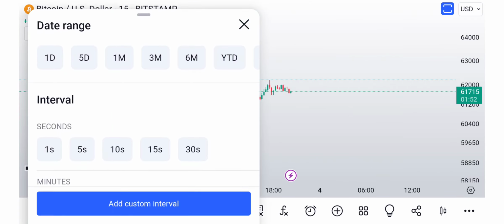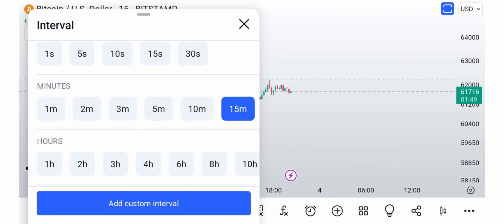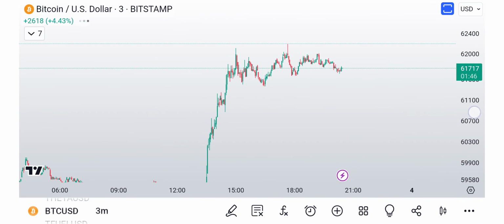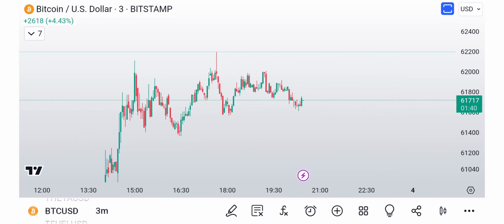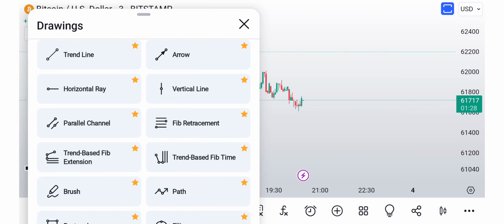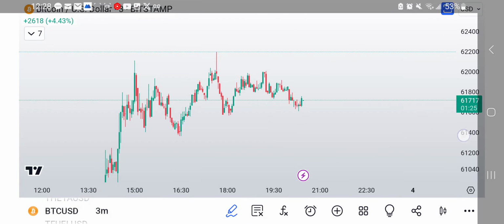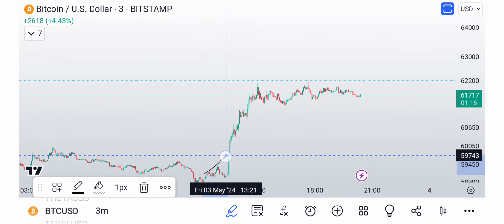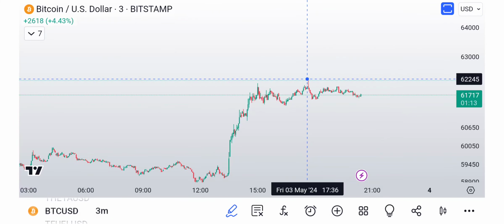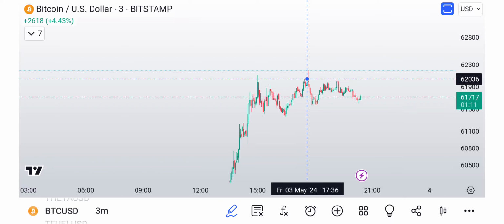So is there anything for fun? Let's zoom in to the 3-minute chart. What structure is this making? It kind of appears, it's a little bit too early. It's too early to tell, but I mean, it could be 1, 2, 3, or 1, 2, 3, 4, 5, but I don't really like it too much.